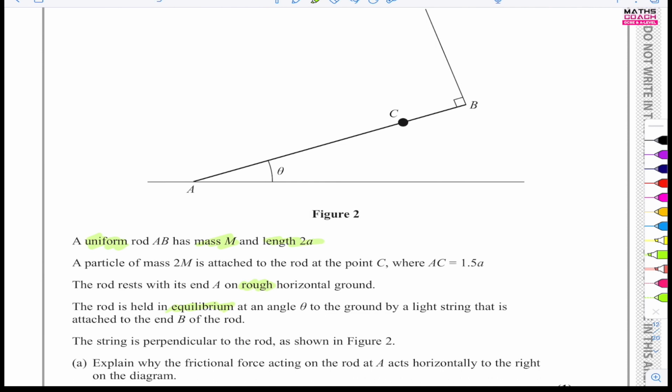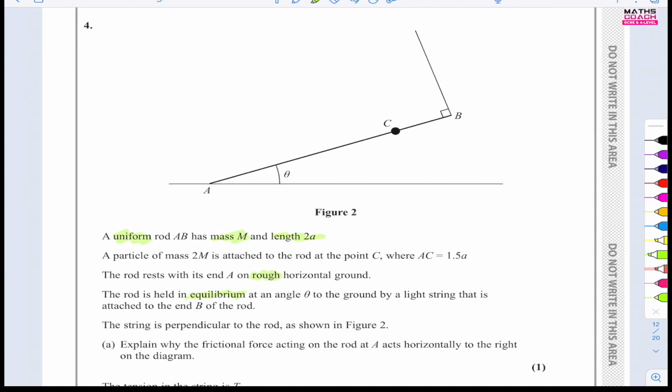Explain why the frictional force acting on the rod at A acts horizontally to the right on the diagram. Okay, so why is the frictional force acting on the rod at A going this way? Well, what's going to happen? You've got a rod on the ground, pressuring it that way, isn't it? Naturally, you're going to have friction working against you.